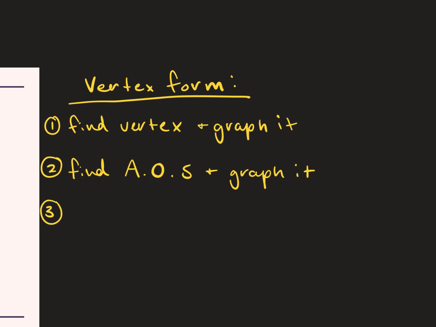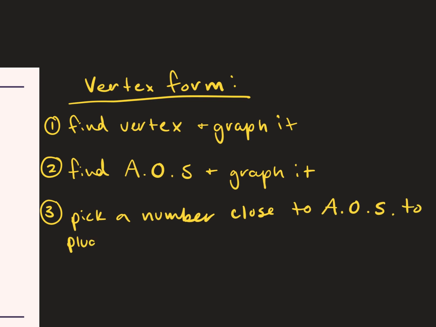Step 3, pick a number close to the axis of symmetry to plug into x. Solve for y. So that'll give you your point x comma y.